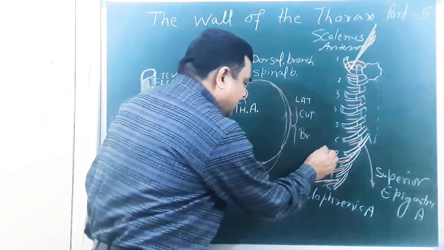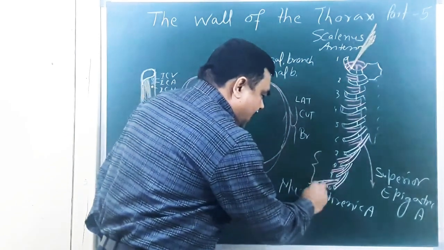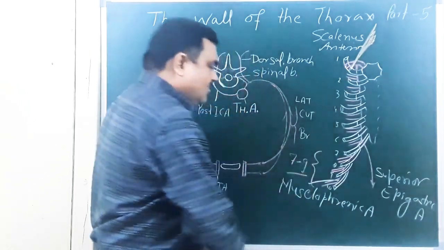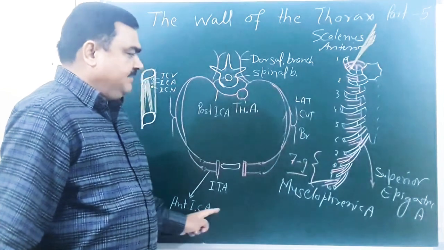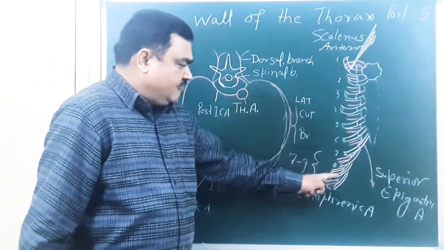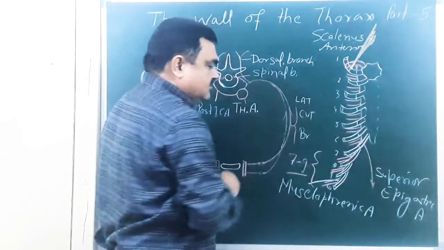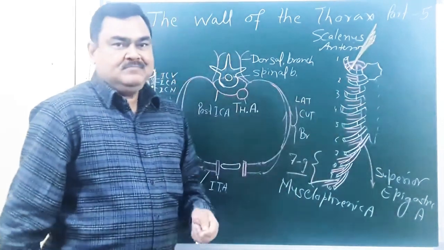So from the 7th to 9th intercostal space, the anterior intercostal artery arises from the musculophrenic artery, and from the 1st to 6th intercostal space it arises from the internal thoracic artery.